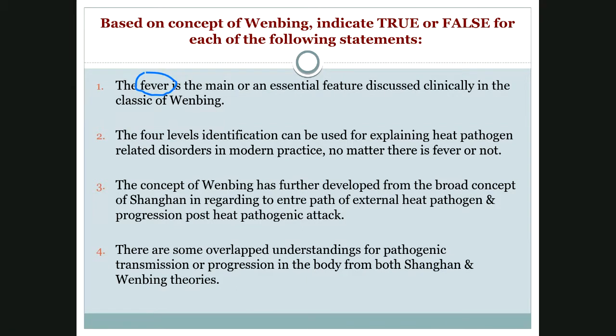Number 2: the 4 levels identification can be used for explaining heat pathogen related disorders in modern practice, no matter whether there's a fever or not. Is that true or false? Okay, somebody clicked true, somebody clicked false.